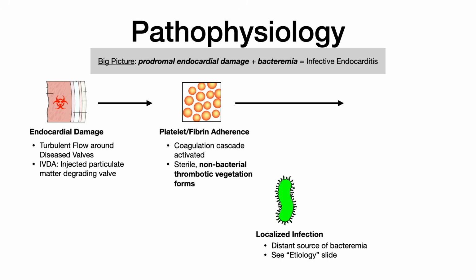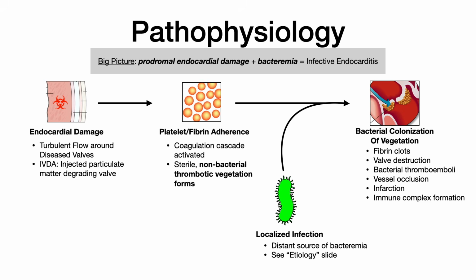So some localized source of distant bacteremia enters the blood supply and makes its way over the heart where that pre-existing endocardial damage occurred. At this point, that bacteria colonizes what you just had as a previously non-bacterial, sterile thrombotic vegetation. When that bacterial colonization occurs, you have a few things happening.